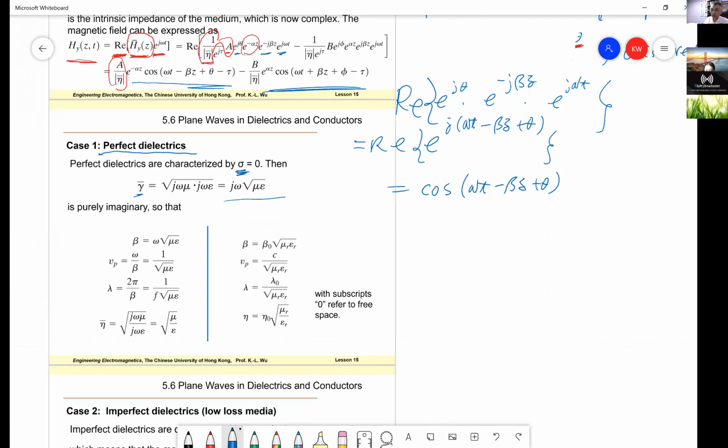Gamma equals alpha plus j beta, so it will be j beta, and alpha will be equal to 0. So we can know the phase velocity, the wave number, and the wave impedance. The wave impedance is the ratio between the electric field and the magnetic field.